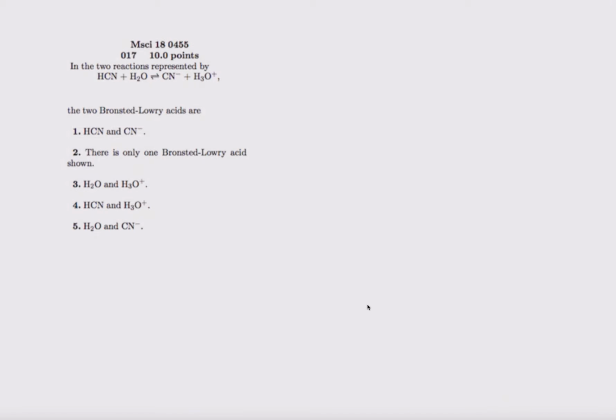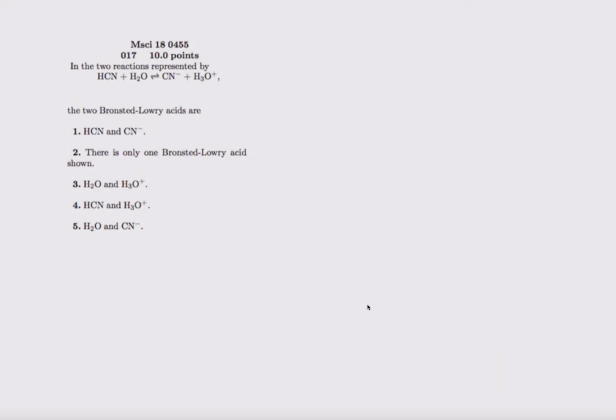Okay, so this one is asking you to look at the reaction from both sides. We've talked about bases and conjugate acids, acids and conjugate bases. So essentially what we're talking about is what is the acid in the forward reaction from left to right, and then what is the conjugate acid on the right-hand side, which would be the acid going from right to left.